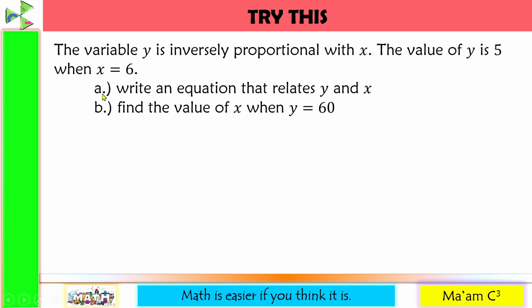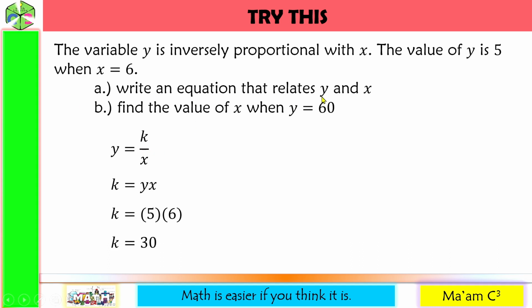So to answer letter A, let us recall the inverse variation formula. Let us do cross multiplication. So k is equal to y times x. We already have the value of y, that is 5, and x is 6. So 5 times 6, and that will give us 30. Now that we already know the value of k, we can substitute it in our formula.